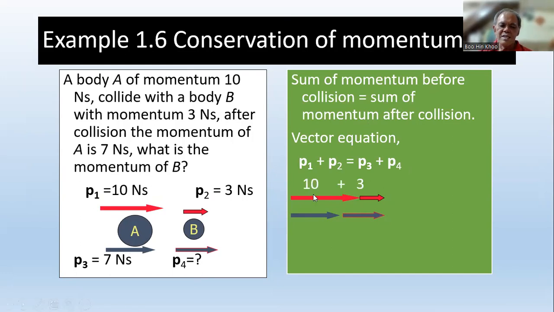So this is 10, there's 3, and this one is P3, P4. So this is 7, and there's your P4. So we know that is the final direction. So 13 minus 7 is 6 Newton second.